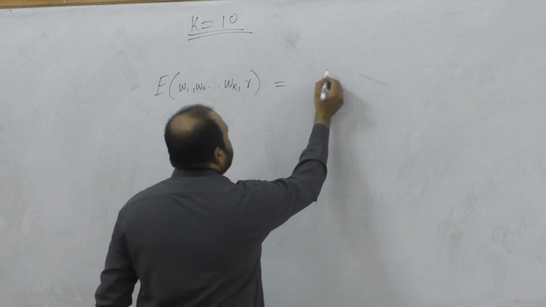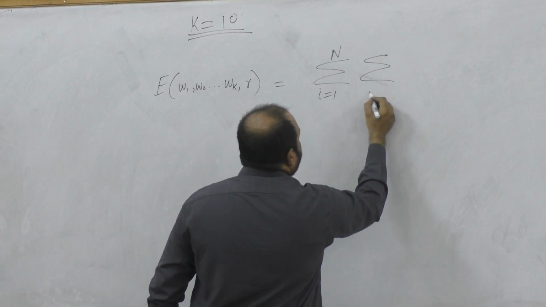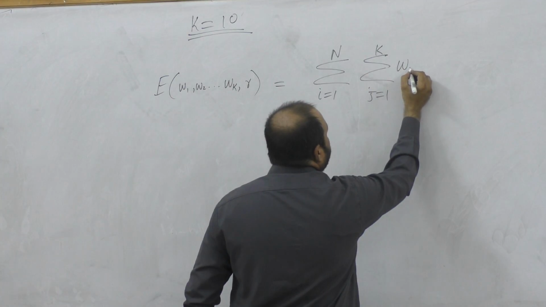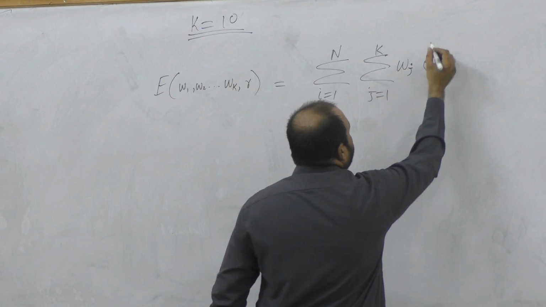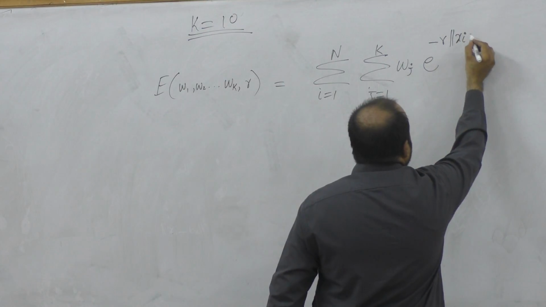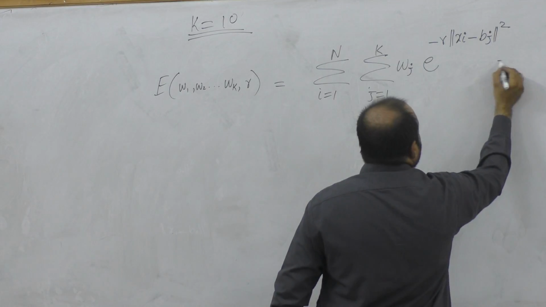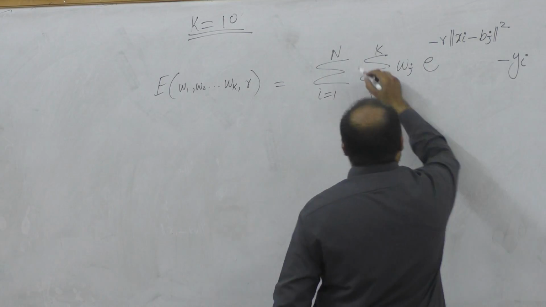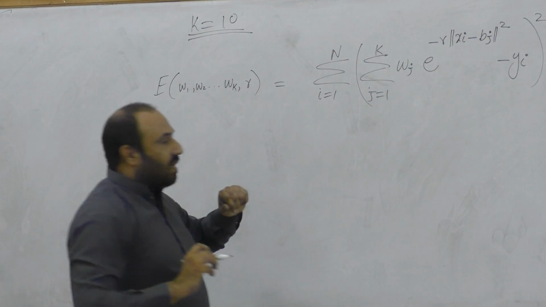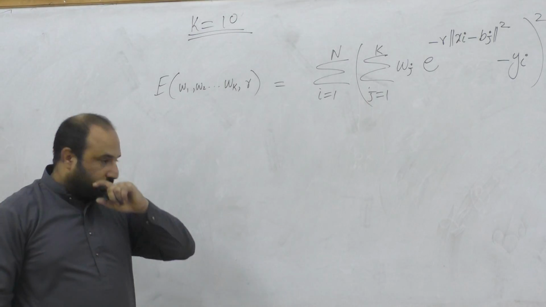You want to minimize the sum over i from 1 to n of the term: the sum over j from 1 to k of Wj e raised to the power minus R times the squared norm of xi minus bj, minus yi, whole squared. That's the error function. Make sense? Yes, no?